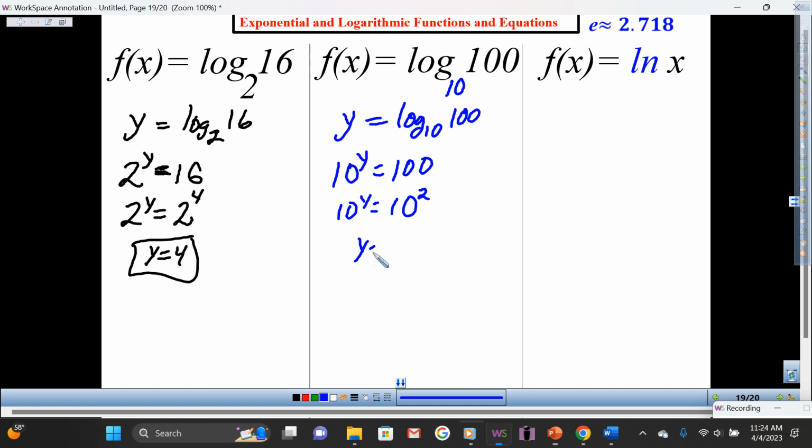Two, so y equals 2. All right. Not bad. Not bad at all. Good thing you're taking copious notes. Ivan.